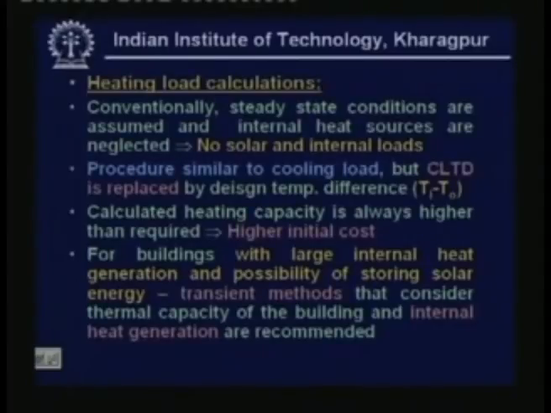If you consider the transient characteristics of the building and the internal heat generation, you find that the required heating capacity will be much less than what you get by using steady state methods and neglecting internal loads. Thereby you can arrive at economically justified results. So this, in brief, is the heating load calculation.